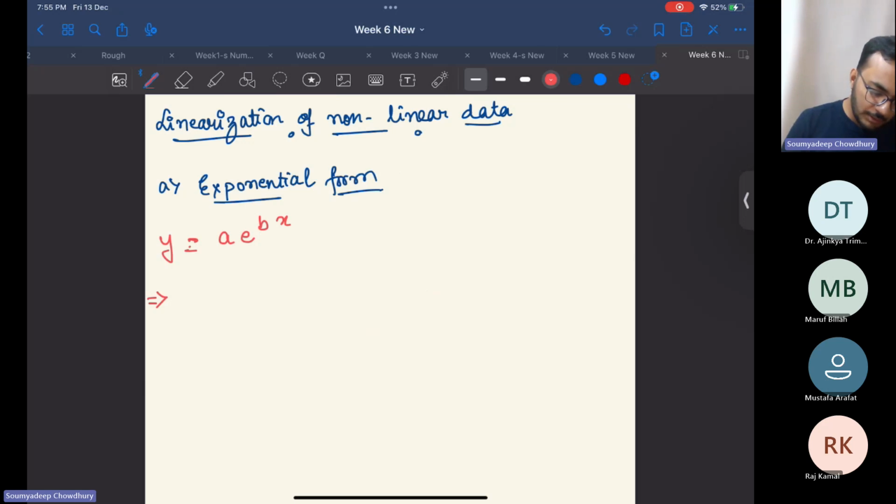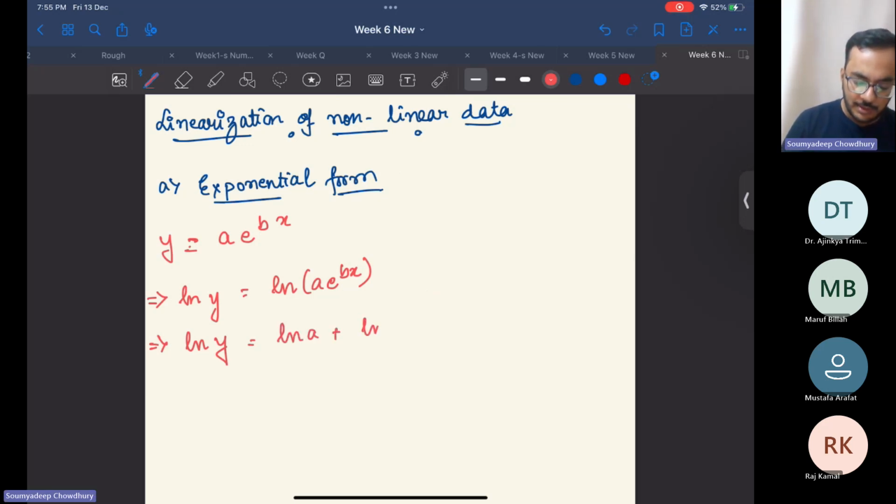What if we apply log on both sides? So it is ln y = ln of a e power bx. That will give me ln y equals ln a plus ln e power bx, that is, ln y equals ln a plus bx, right?